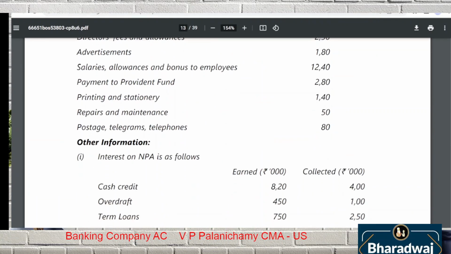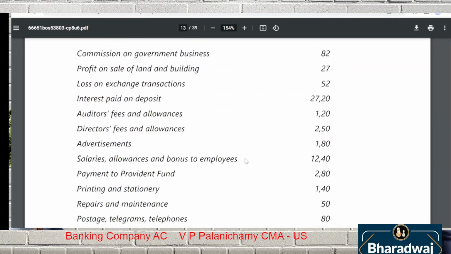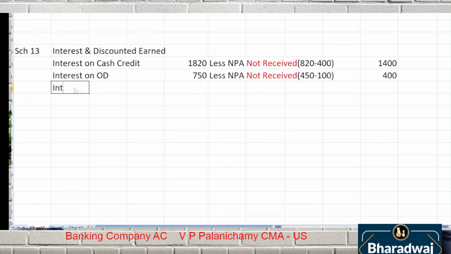It will give us what is not received. 450 minus 100. Same way for the other one. Term loans, 1540, minus NPA not received.